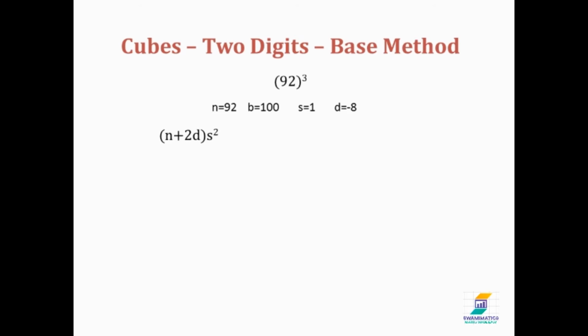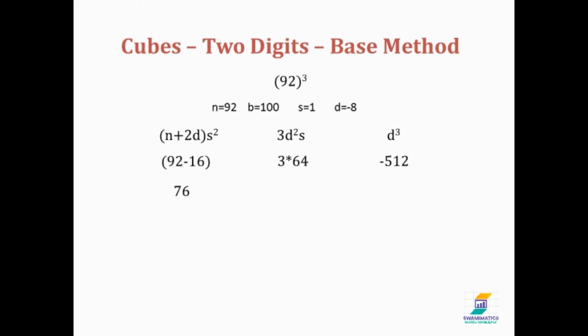So the first one is n plus 2d into s square, 3d square s, d cubed as before. N is 92, 2d is minus 16. Since the subbase is 1, it is 1. The next one is 3 into d square, 3 into 64. And here it is minus 8 cube, so minus 512.